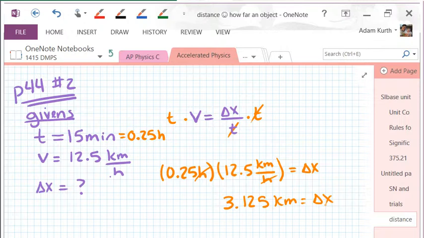How many significant figures do I have in my time? 2. How many do I have in my speed? 3. If I have 2 here and 3 here, how many do I get here? 2. So if I was going to write this with correct significant figures, how many do I get? 2. What's the right answer? 3.1 kilometers. Just 3.1. I love it.